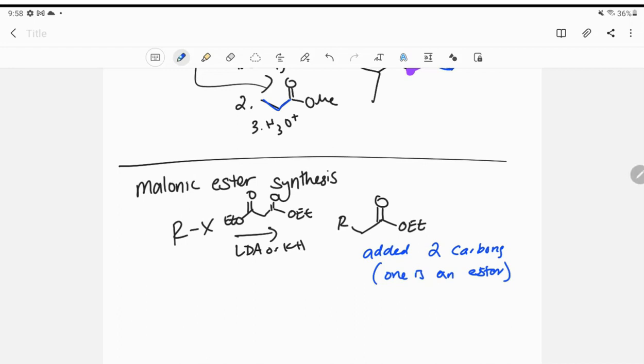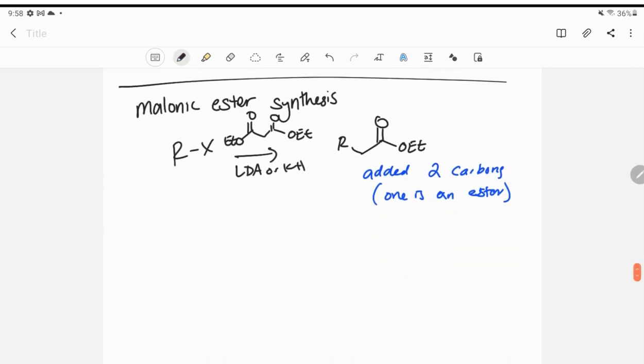So if we were to take a look at an example, propyl bromide, I'm going to call this DEM. That's that first molecule. I'll talk about that in just a second. And then we'll have our LDA. And actually, we can put the ester in first and then worry about adding the base in. Okay. And we're going to end up with propyl 1, 2, 3. We're going to add 2 more carbons. The second one has the ester.